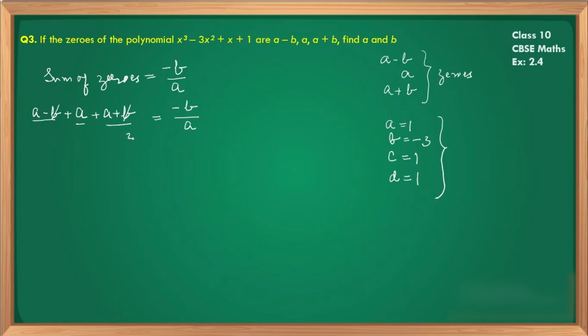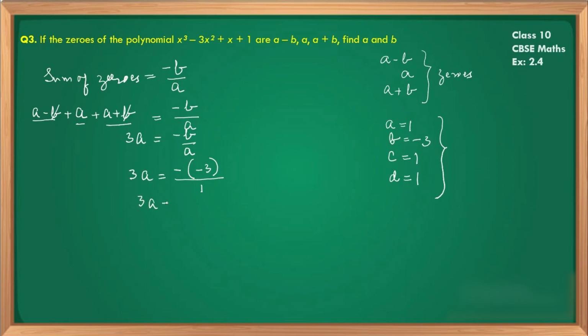That means 3a is equal to minus b by a. Now we know the value of this minus b by a. Here b is the coefficient, and that is minus 3. Put the value minus 3 divided by a. a is 1.